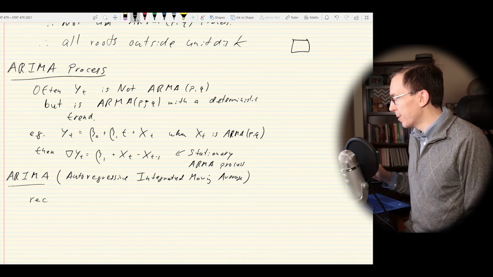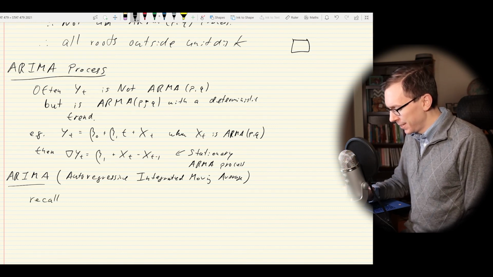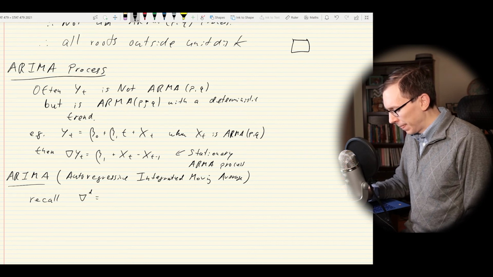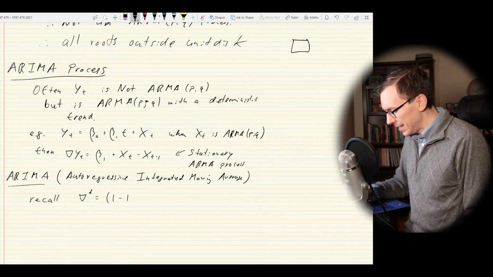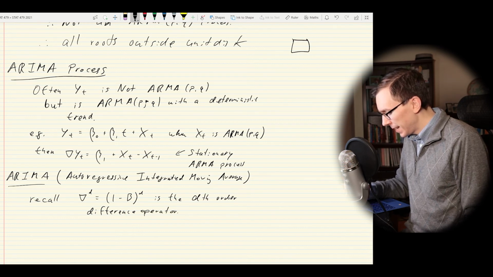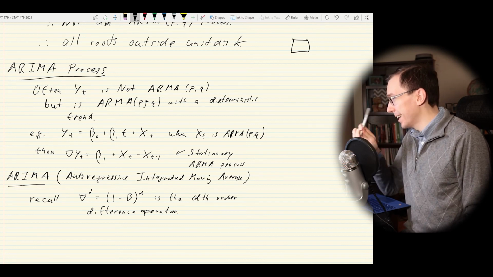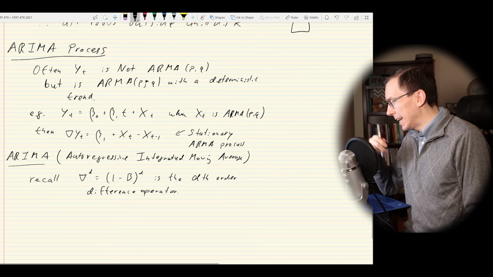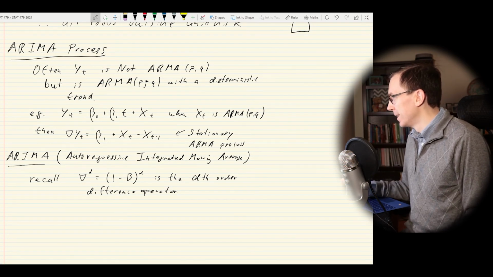So what are we doing? Well, recall that nabla^d, which equals (1 minus B)^d, is the dth order difference operator. So we have that thing, and we can apply it to X_t.